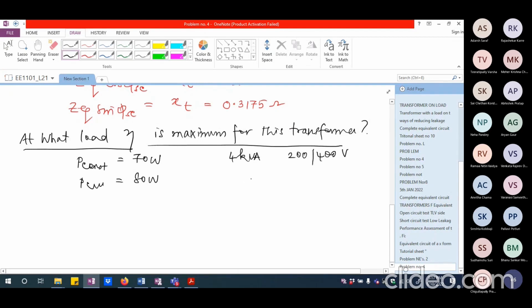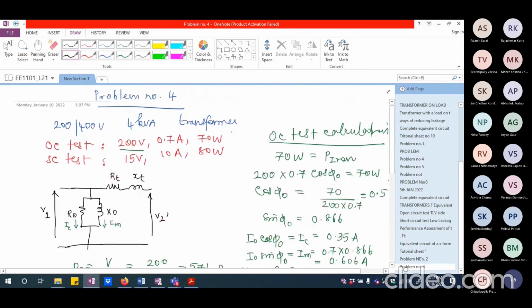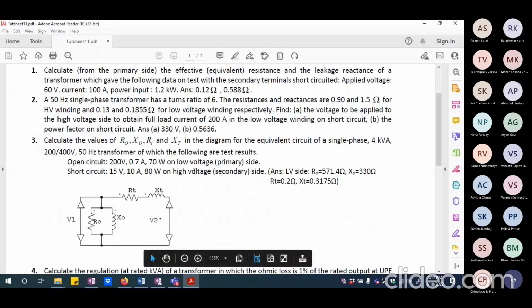So, and the current that is flowing on, just a second. I have not taken that into consideration, did I? See, this is on LV side. And this is on HV side. Sorry, I should have told that. This is on HV side. The voltage is applied, 15 volts is applied on the HV side according to the data that is given.